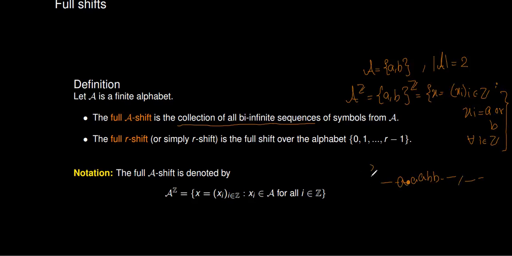All such sequences you put in one subset, and all of them we can consider as the full A-shift when your alphabet is A and B.